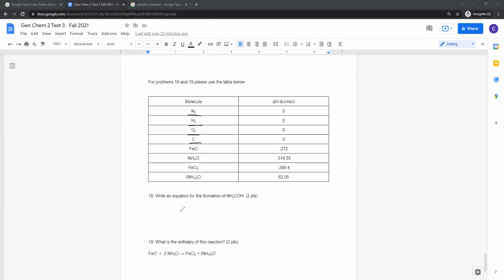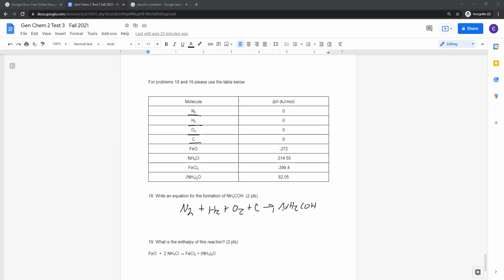So this is nitrogen plus hydrogen plus oxygen plus carbon makes NH2COH.